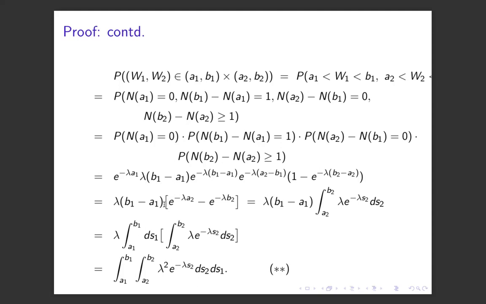This term you can write as the integral from A2 to B2 of lambda times e to the power minus lambda s2 ds2. And now this term B1 minus A1 you write as the integral from A1 to B1 of ds1.